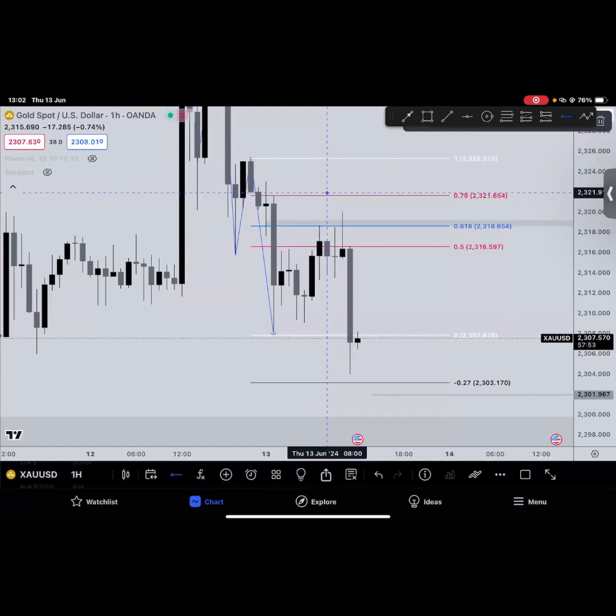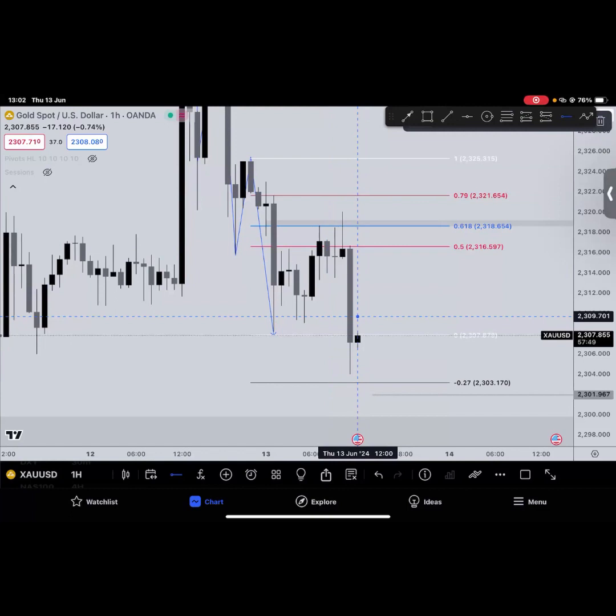But there's still a way you can open multiple positions without losing your account. It's just the lot size. Let's say the lot size you have to use for that trade is one lot. You can divide that one lot into 10 positions by opening 0.1 each, and you still use the same one lot.